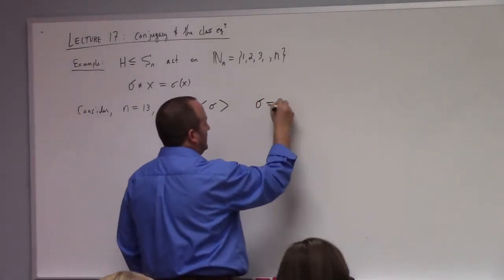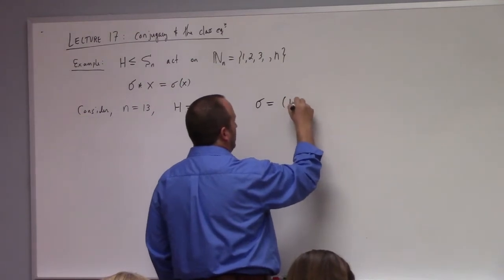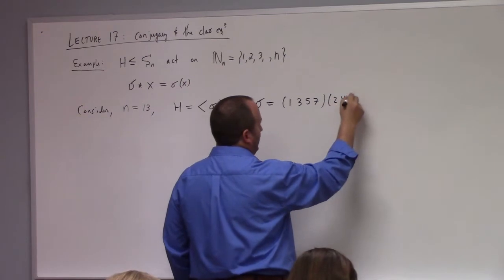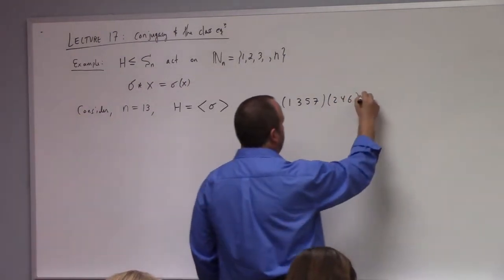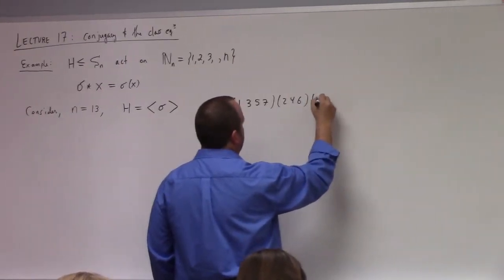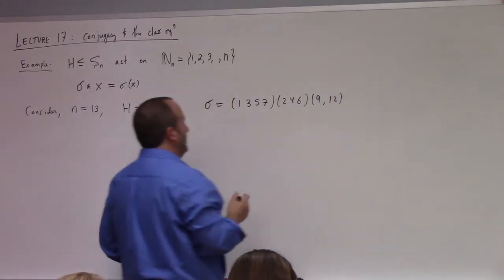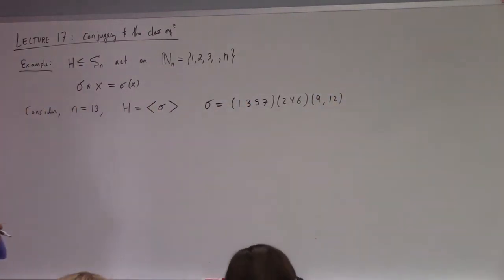Sigma is equal to (1 3 5 7)(2 4 6)(9 12). All right, so that's a kind of interesting permutation. This is the disjoint cycle factorization, right? I presented it in that way.